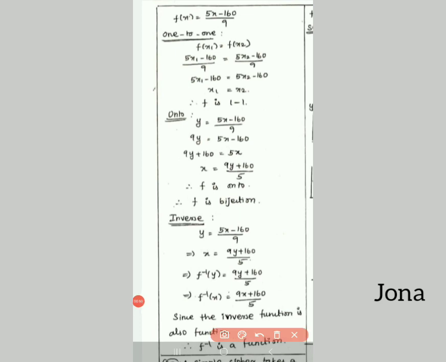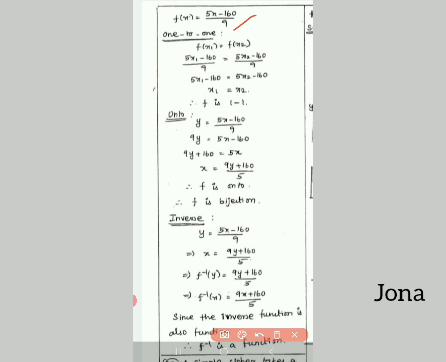Here it's given f of x equal to 5x by 9 minus 160 by 9, isn't it? So altogether I can write f of x equal to 5x minus 160 by 9.